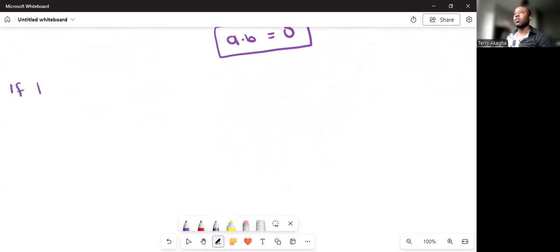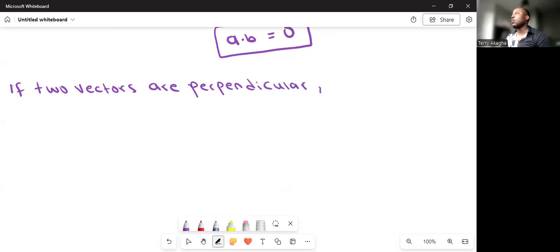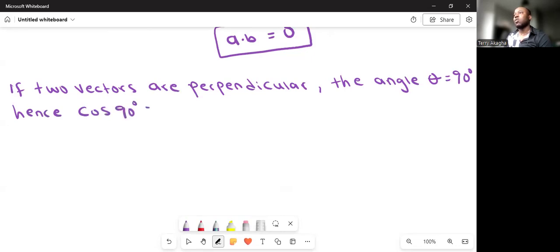So if two vectors are perpendicular, the angle theta is going to be 90 degrees. Hence we know that cos 90 is going to be equal to 0.